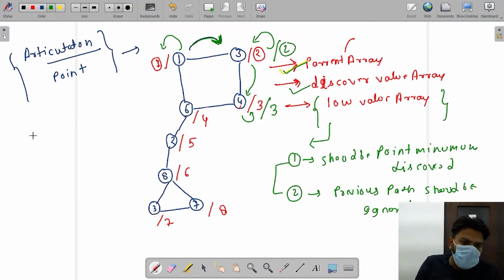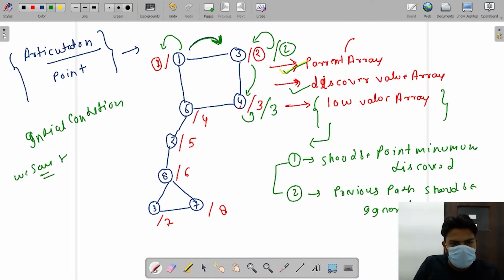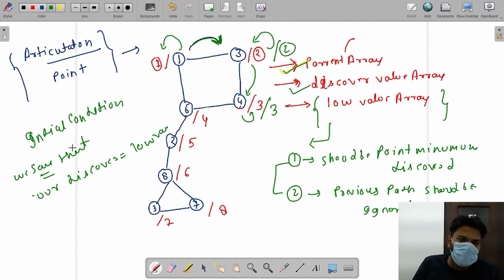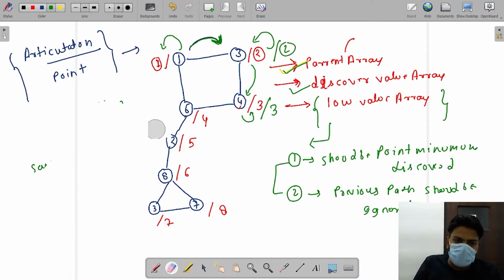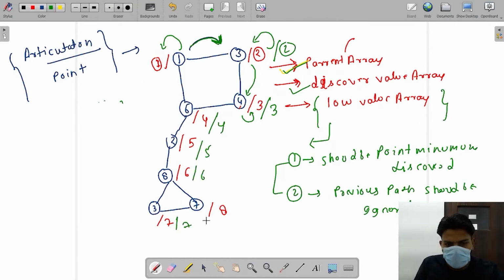So in the initial condition we say that our discovered value is the same as the low value. But under some conditions we change it. So initially we just say that our low value is our discovered value. Same here, and here, and here.